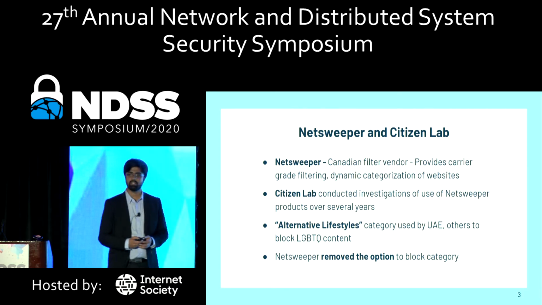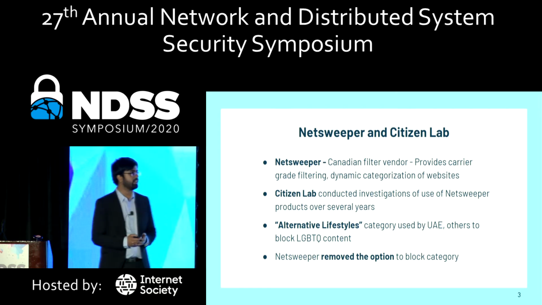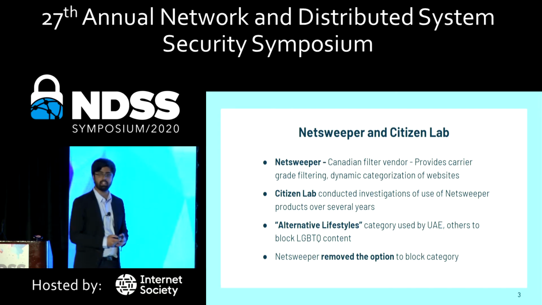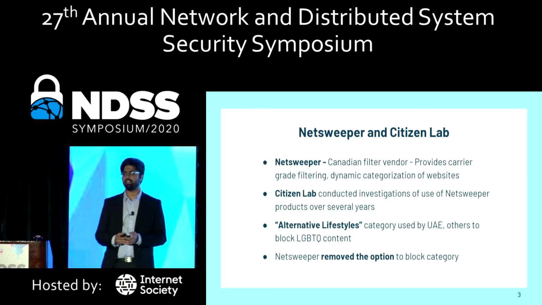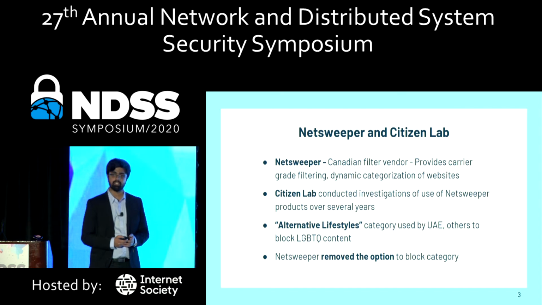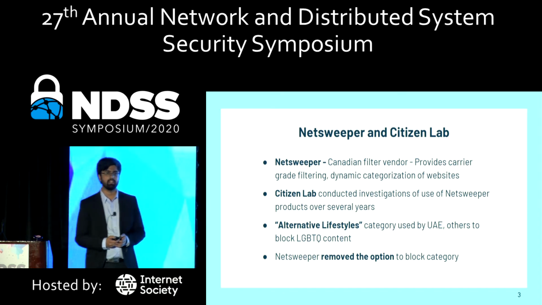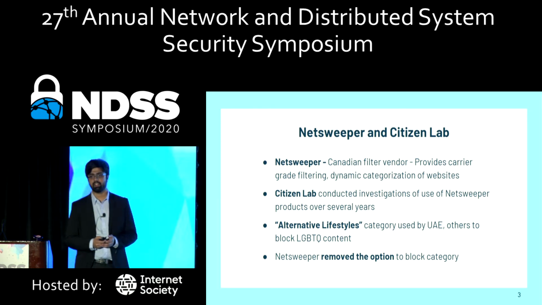These investigations, which were the result of several years of manual detective work, identified an alternative lifestyles category used by some countries, such as the UAE, to block LGBTQ content. Citizen Lab recognized this as a human rights issue, and after much advocacy, Netsweeper claims to have removed the option to block based on this category.